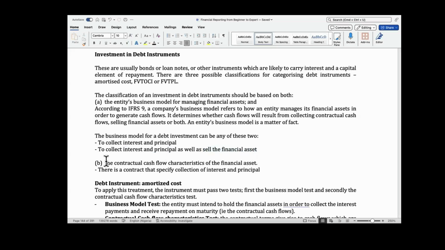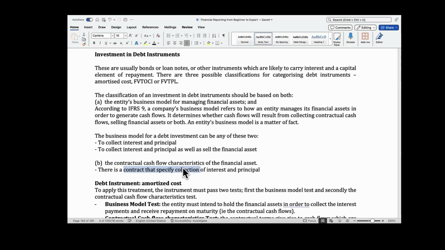Okay. And another basis is what we call contractual cash flow characteristics. Look at the name, contractual cash flow, which simply means that there is a contract that specifies collection of interest and principal, a contract that states that yes, you collect interest and yes, you collect principal. That's what this other one is talking about.